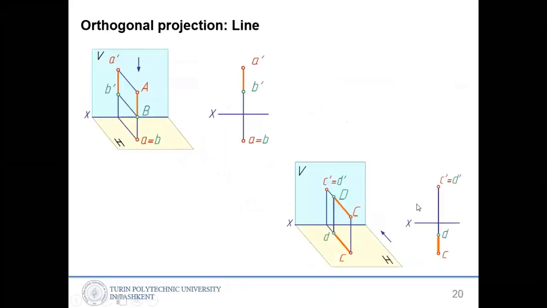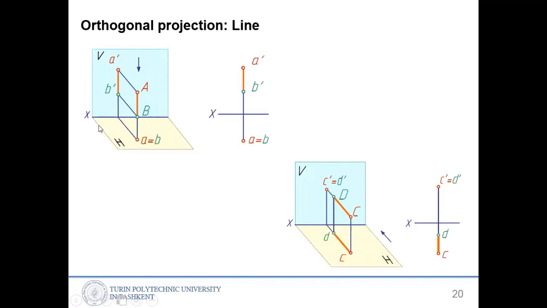Okay, so the line AB is given in space, and the line is perpendicular to plane H, the top plane. The projection on the V plane will be a straight line like this.